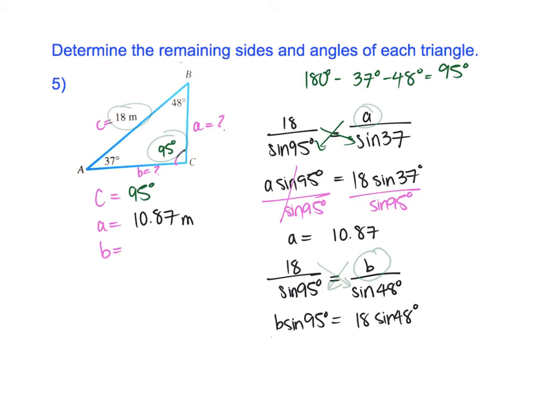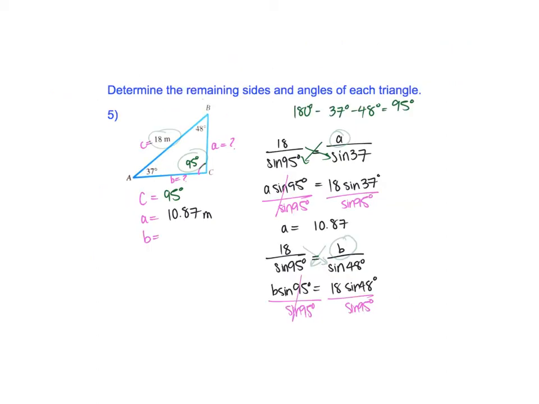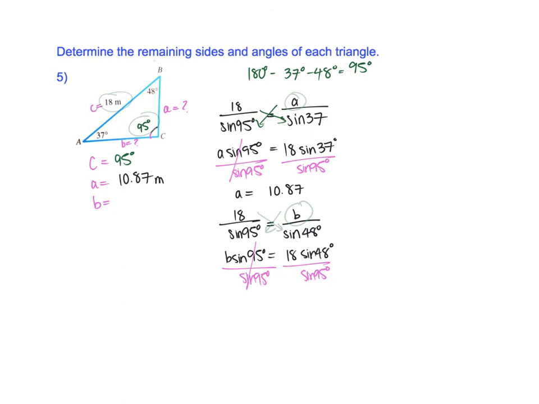Then I divide both sides by sine of 95 degrees, so that cancels. So b is equal to 18 times sine of 48 over sine of 95, which is equivalent to 13.43. So 13.43 meters. And then this here would be my completed answer.